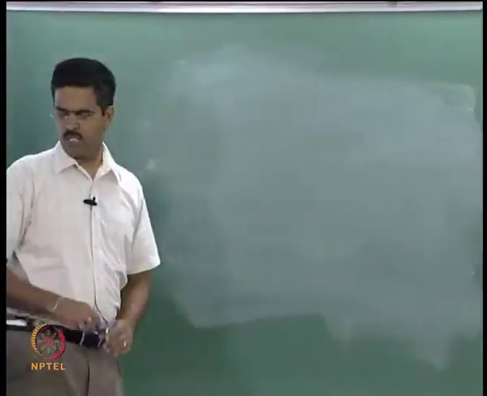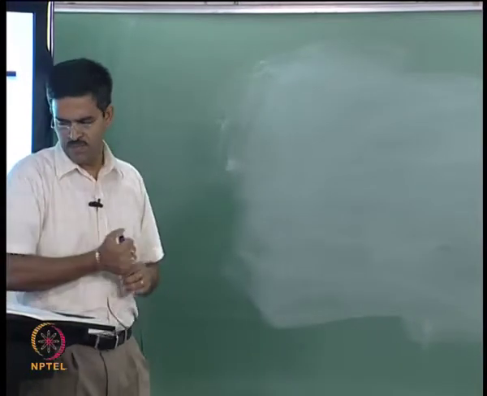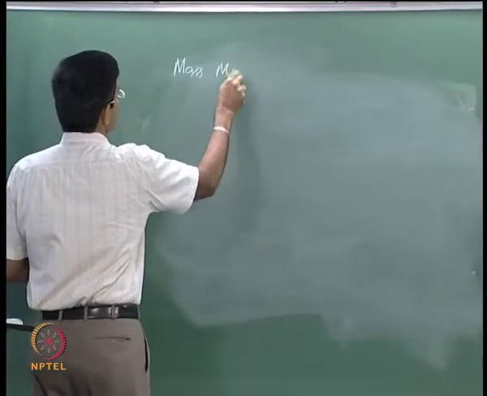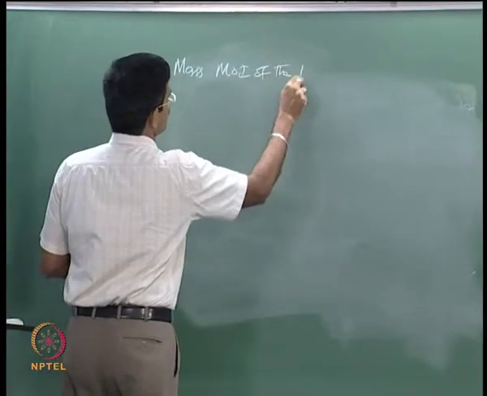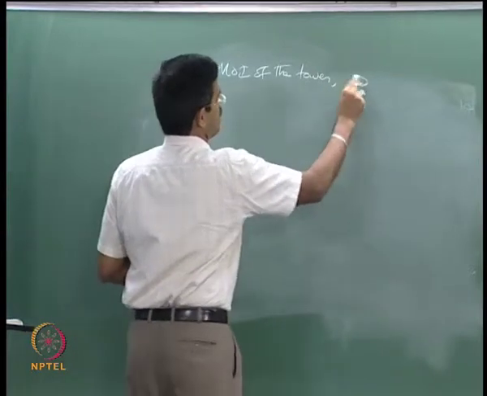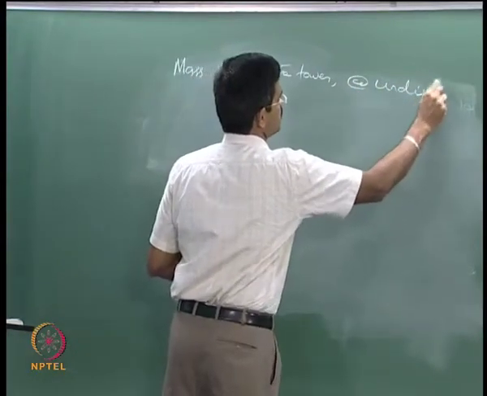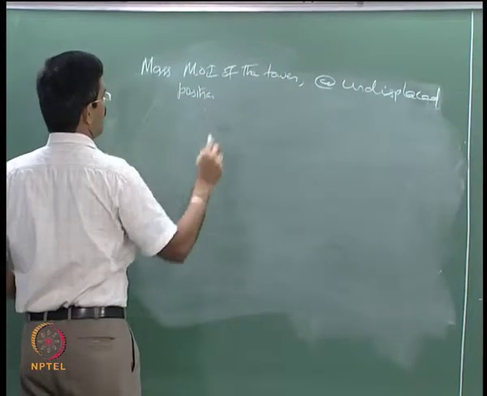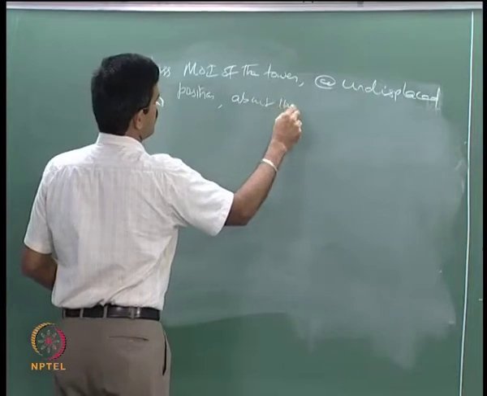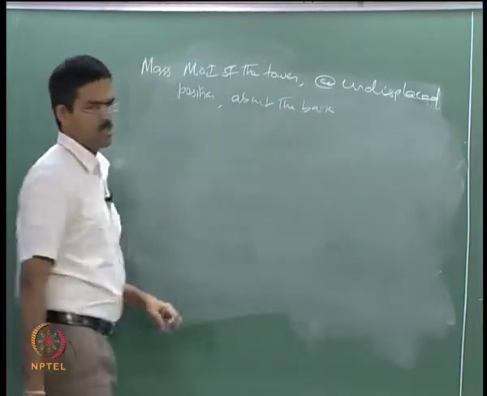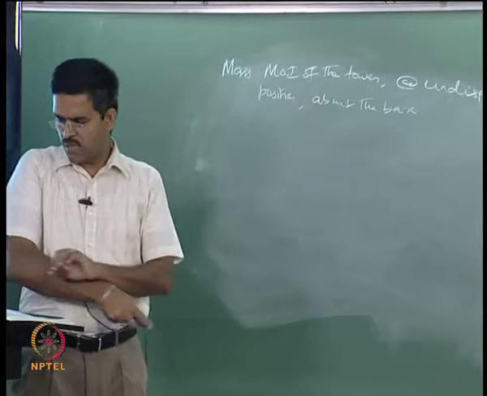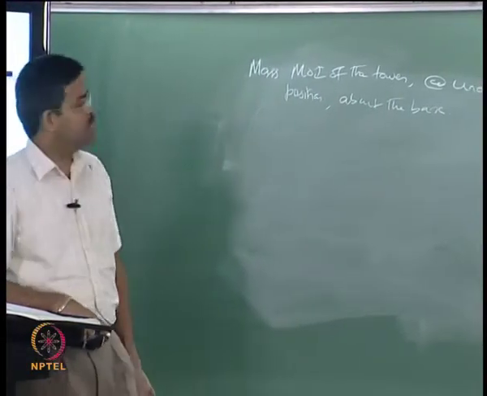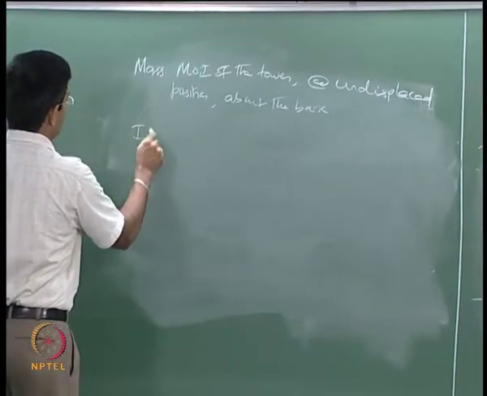Now, I want to find the mass moment of inertia in the undisplaced position. The mass moment of inertia of the tower at undisplaced position about the base, because always we have to find the moment of inertia about a specific reference datum, we say it is the base of the tower, is simply given by I of t.